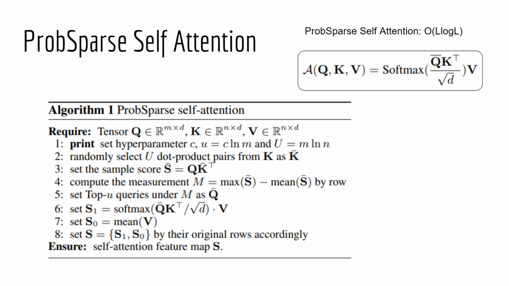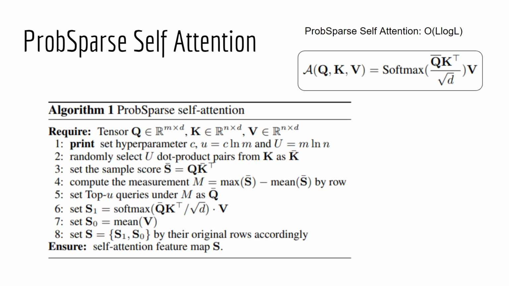It takes in a Q, K, and V like regular self-attention. Then hyperparameters are set, with C just being a constant sampling factor.